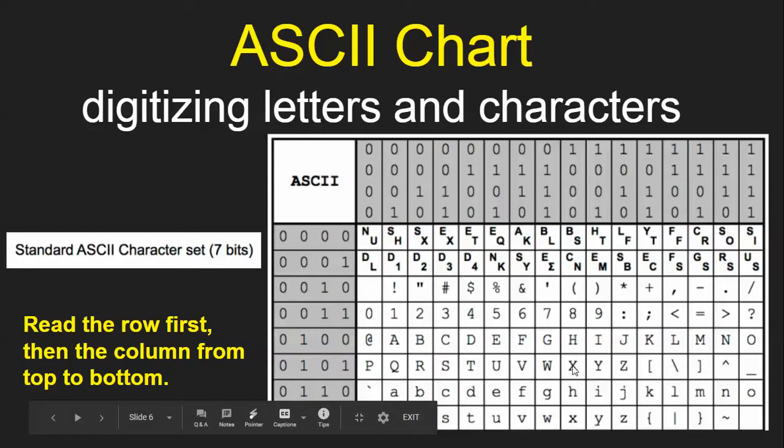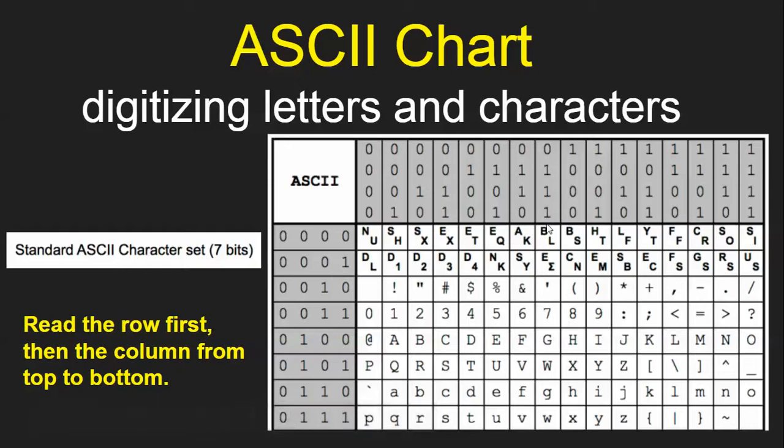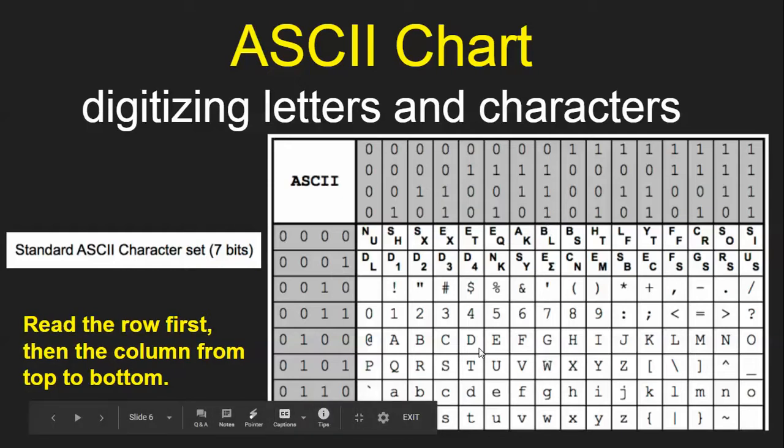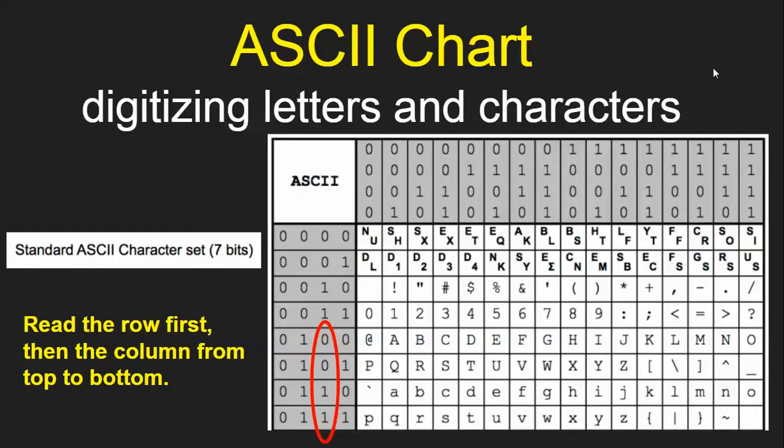If you wanted to look at letter W, the bit string is 0101 0111. That's how you would read the bit string for W. So again, you read from this way and then top to bottom. And that's basically how they went about taking a keyboard and digitizing it, all right?